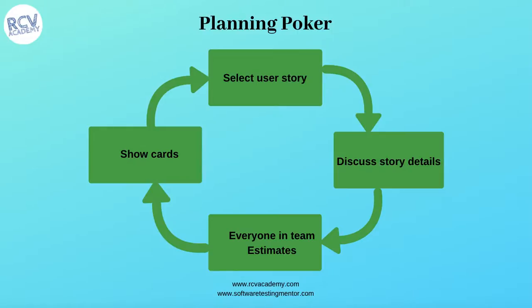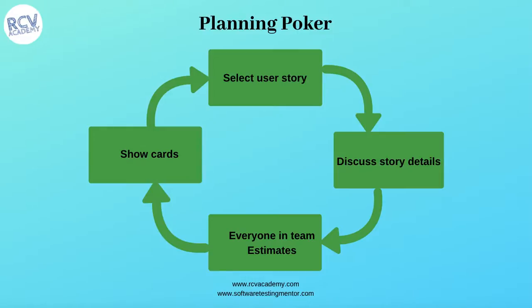Everyone will show their card at the same time, and if everyone has estimated the story as, say, extra small, so there is consensus across the whole team, then that is the estimate for that story. Usually that's very rare and doesn't happen. In that case, the person who estimated the story lowest and the person who estimated the highest are asked to justify why.